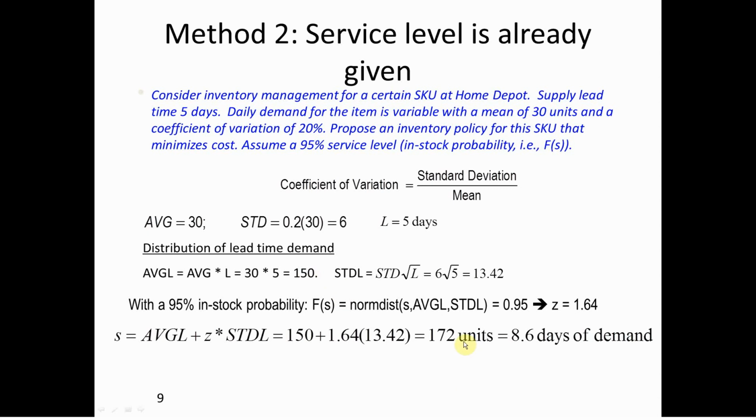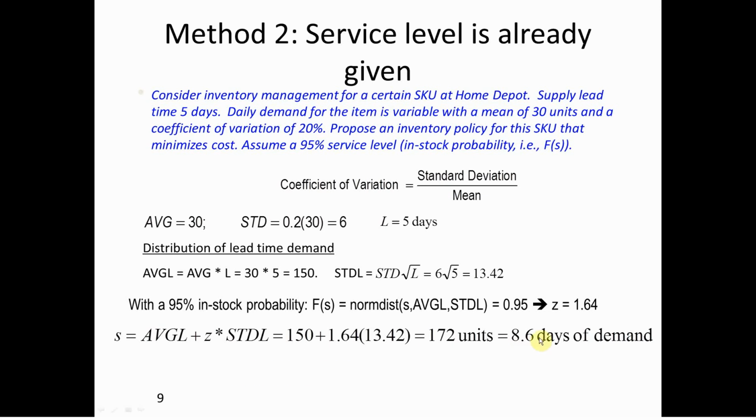And if you divide that 172 units by the average demand of 30 per day, you'll see that this gives us about 5.7 days of demand. So instead of the 5 days of demand, we're going to buffer ourselves by taking a few extra days of demand.